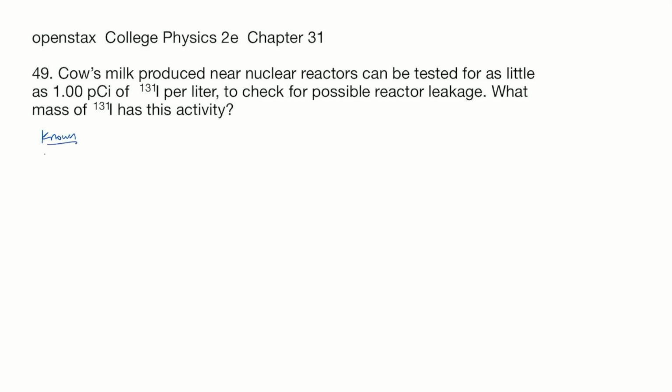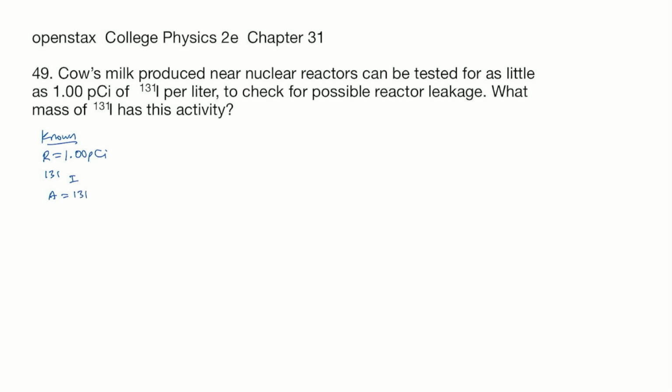Okay, we know the activity R is 1.00 picocuries. We have an isotope of iodine with atomic mass A of 131.